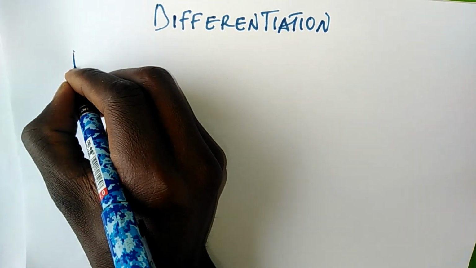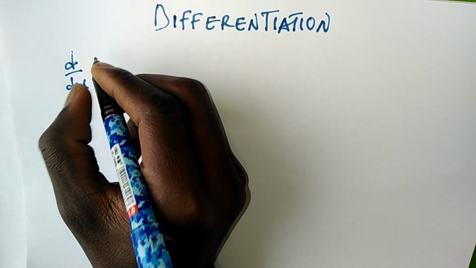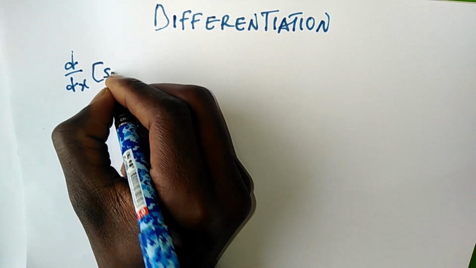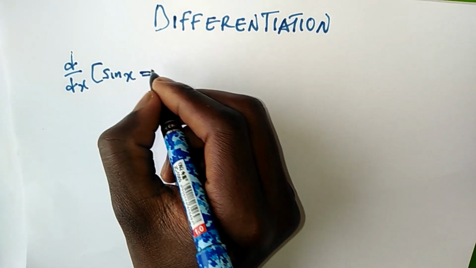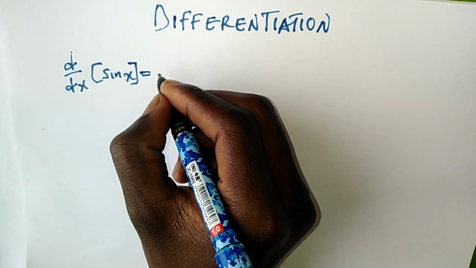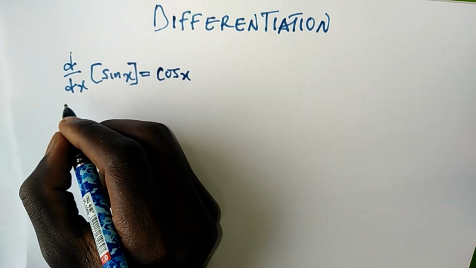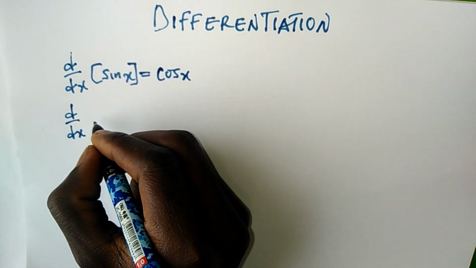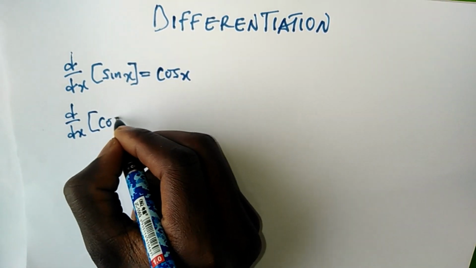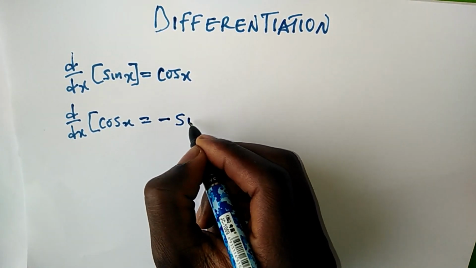So we have d over dx. When you have sine x, it equals cos x. Then d over dx of cos x equals minus sine x.